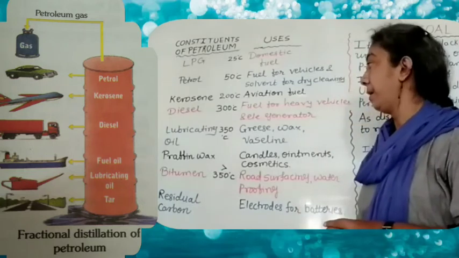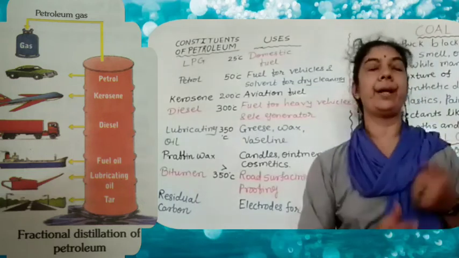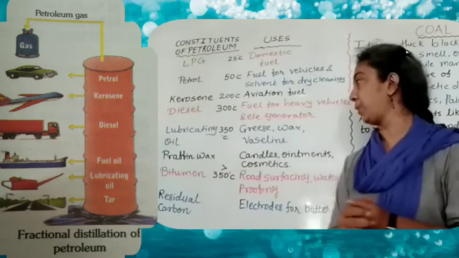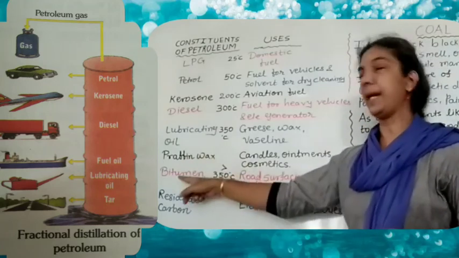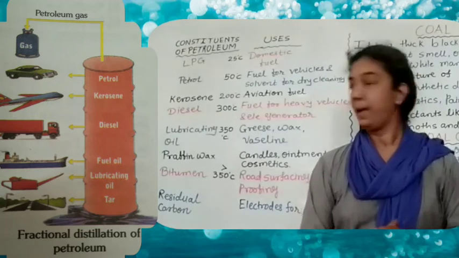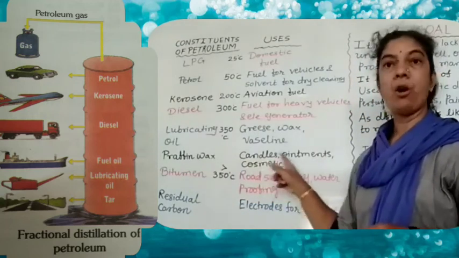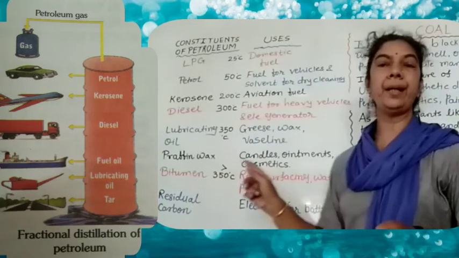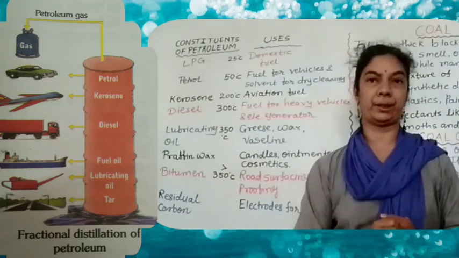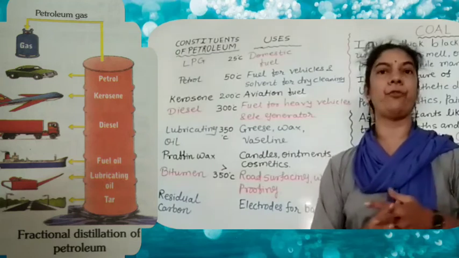Besides that, at above 350 degrees Celsius, we can get paraffin wax and bitumen. Paraffin wax is used in candles, ointments and in many cosmetic products, including different types of Vaseline.